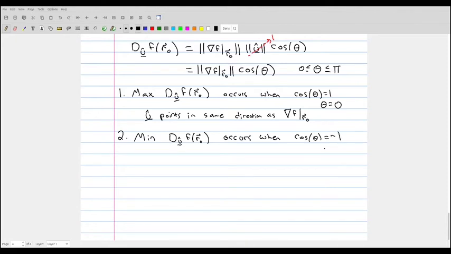This happens when theta is equal to pi, or when u hat points in the opposite direction to the gradient vector at the point r0.